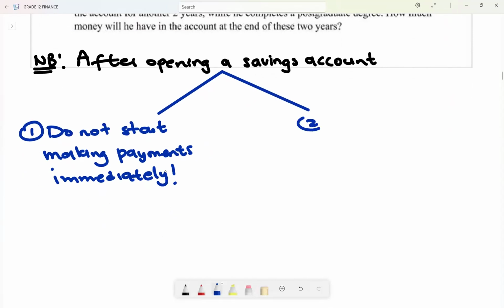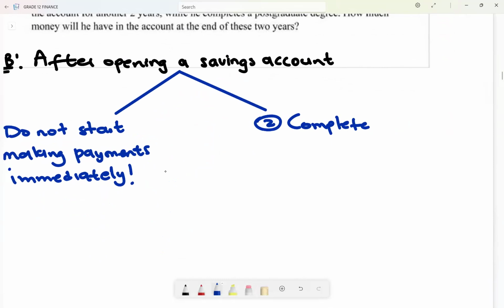Number two, complete the number of payments in the given time.